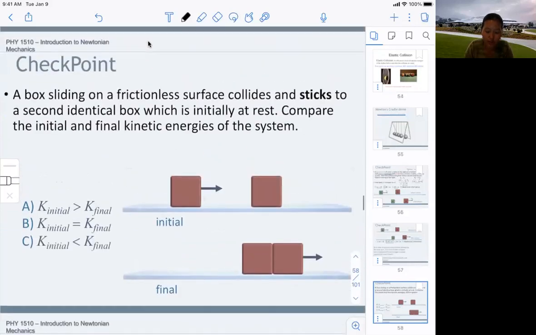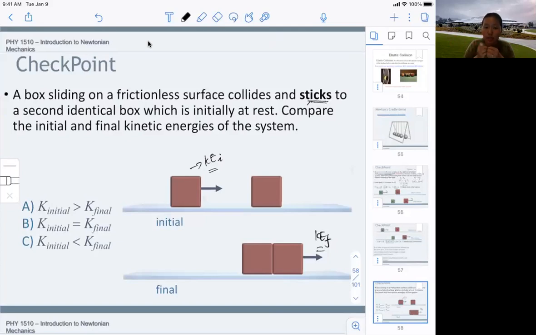So you can see that they stick together. So whenever you see something stick together, that would be an inelastic collision. The kinetic energy will no longer remain constant before and after. So the kinetic energy from here and the kinetic energy from here are no longer equal. In fact, the kinetic energy here will be bigger than the kinetic energy final, because oftentimes if the kinetic energy does not remain constant, it will be lost.